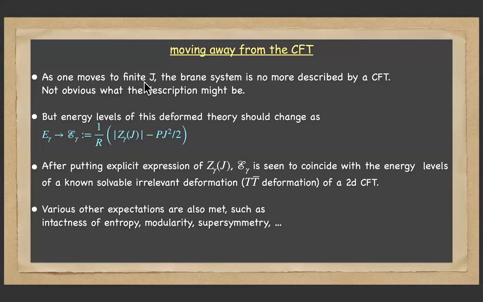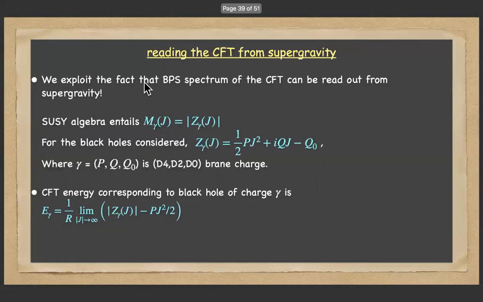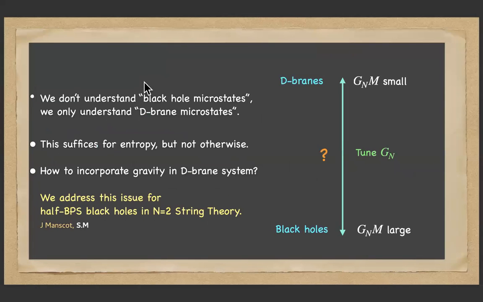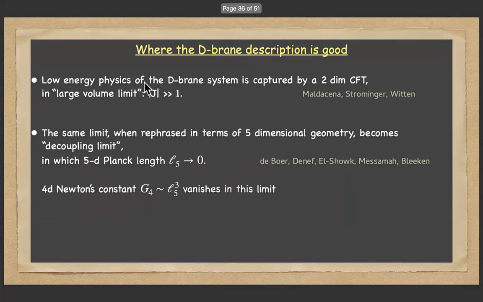And since the energy levels deform adiabatically, degenerate levels continue to remain degenerate, and you can mark them through their charges carried, which is inside the Z. So they still have the same degeneracy, same entropy. So various boxes are ticked, all these things work out.